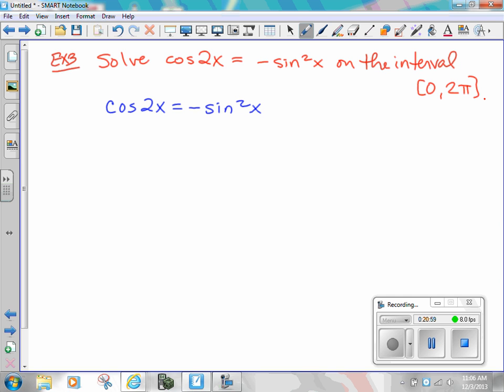What section are we in? Double angles. Don't we know a formula where we can substitute cosine of the double angle?